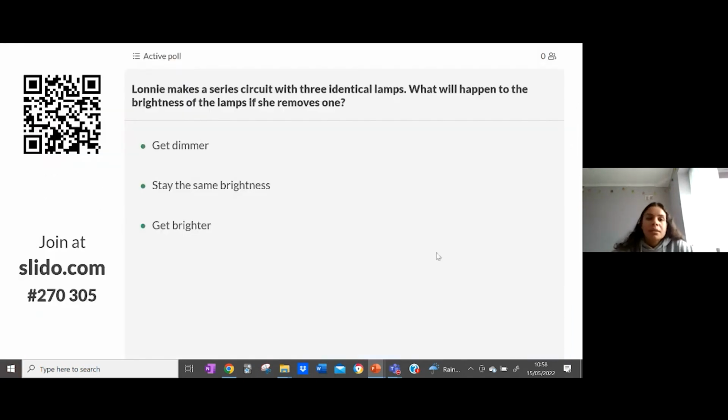So Lonnie makes a series circuit with 3 identical lamps. What will happen to the brightness of the lamp if she removes one? So will the brightness get dimmer? Will it stay the same, or will it get brighter?